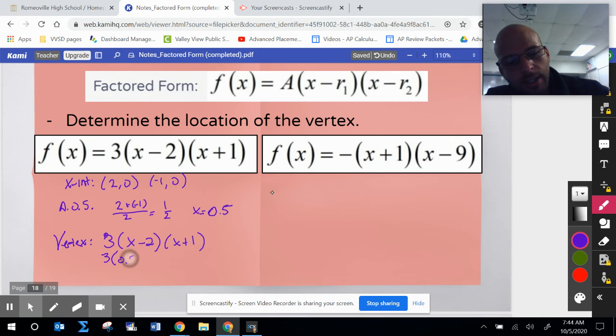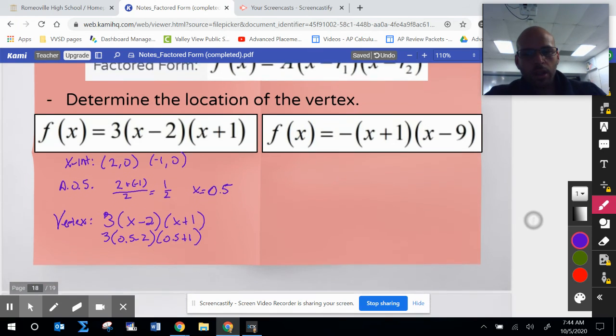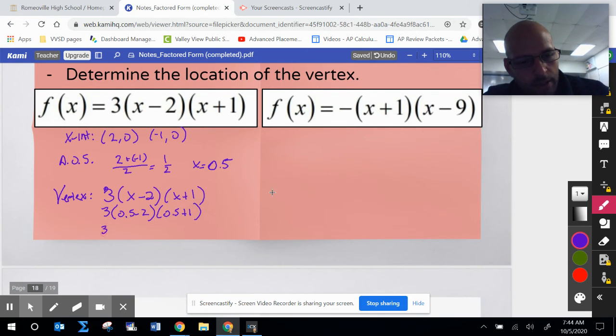I want you to see, everywhere there's an x, I'm going to put in the axis of symmetry. So now what I get is 3 times 0.5 minus 2 is a -1.5, and 0.5 plus 1 is a 1.5.